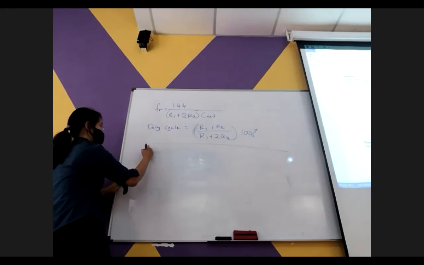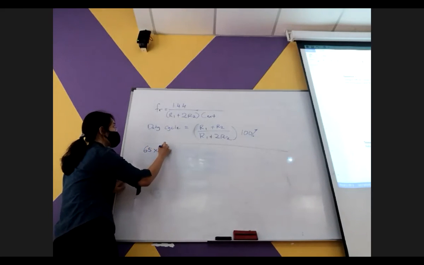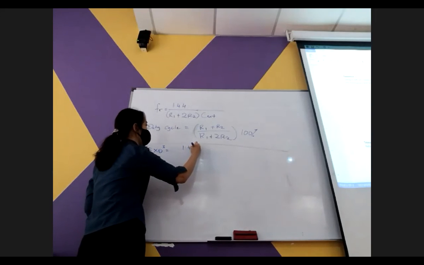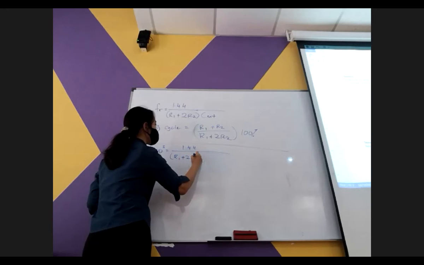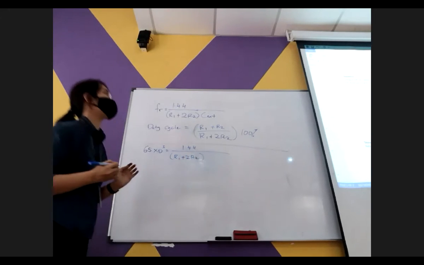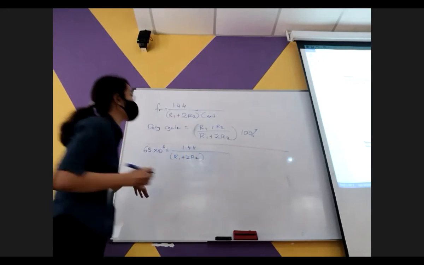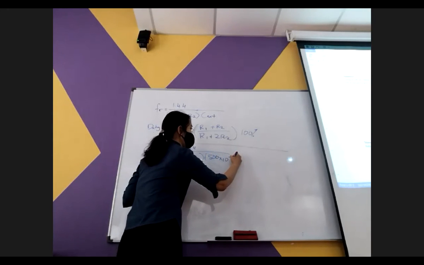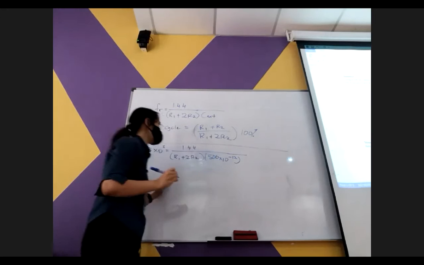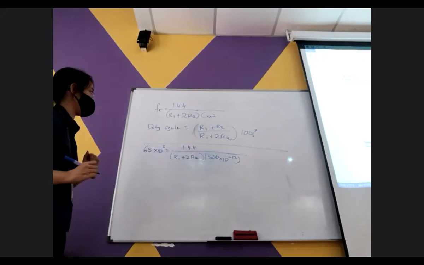So 65 kilohertz equals 1.44 divided by R1 plus 2R2 times capacitance, which is 500 pico, so 500 times 10 to the negative 12. That is one equation.